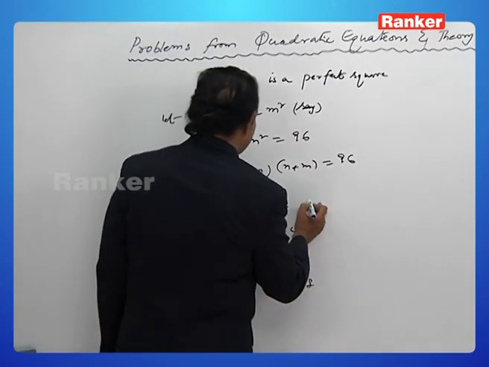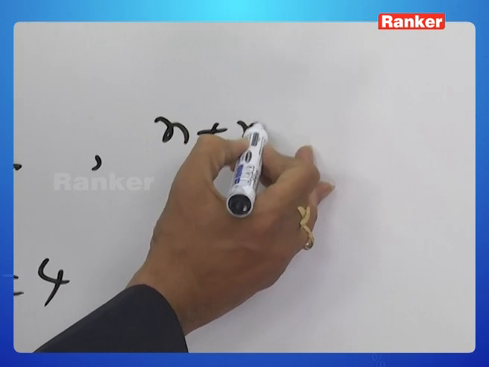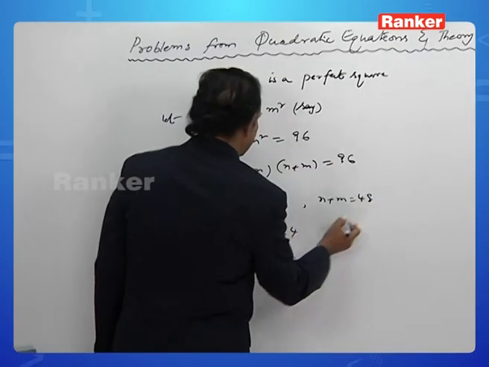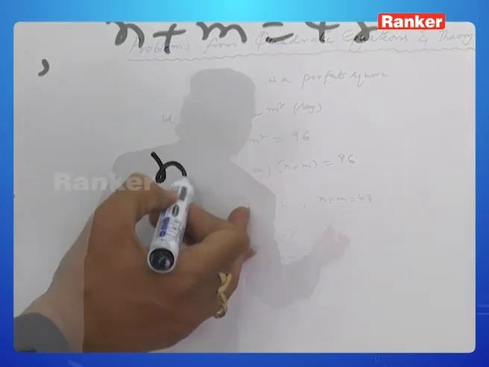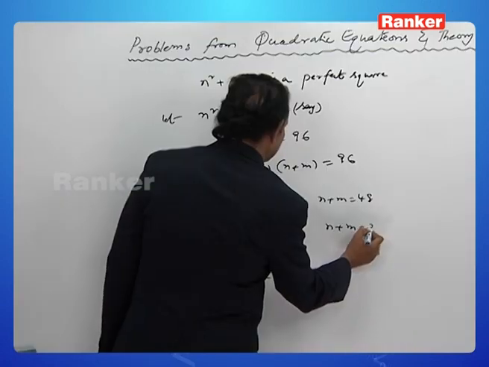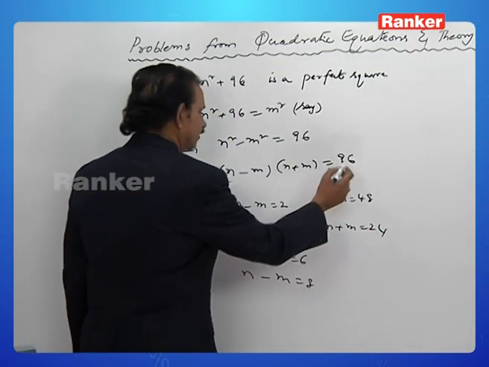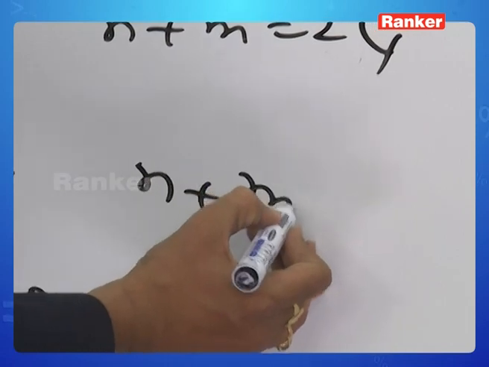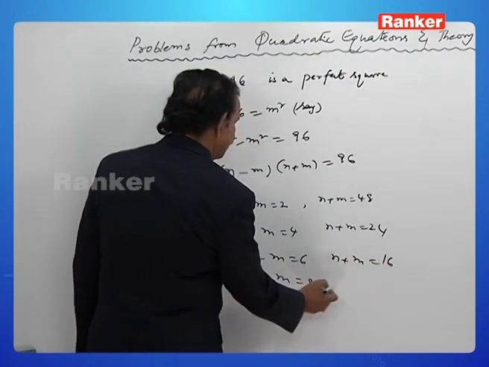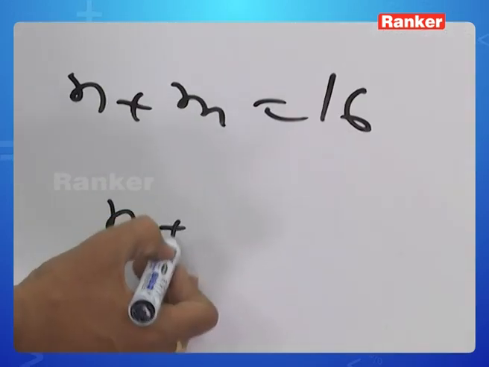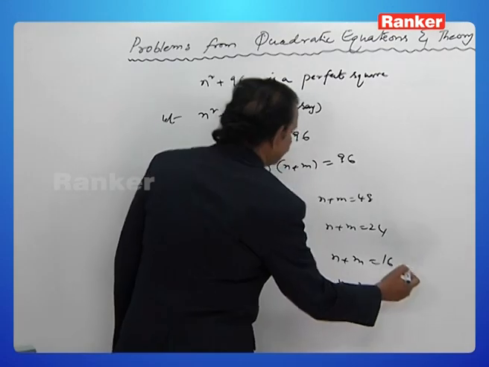If n minus m is 2, then n plus m is 48. If n minus m is 4, then n plus m is 24. If n minus m is 6, n plus m is 16. If n minus m is 8, then n plus m is 12.